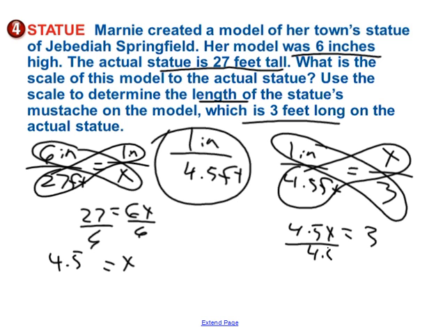Divide both sides by 4.5. X then is equal to 3 divided by 4.5. And if I do that on my calculator, it comes out to be 0.6 with a bar over it, 0.6 repeating.